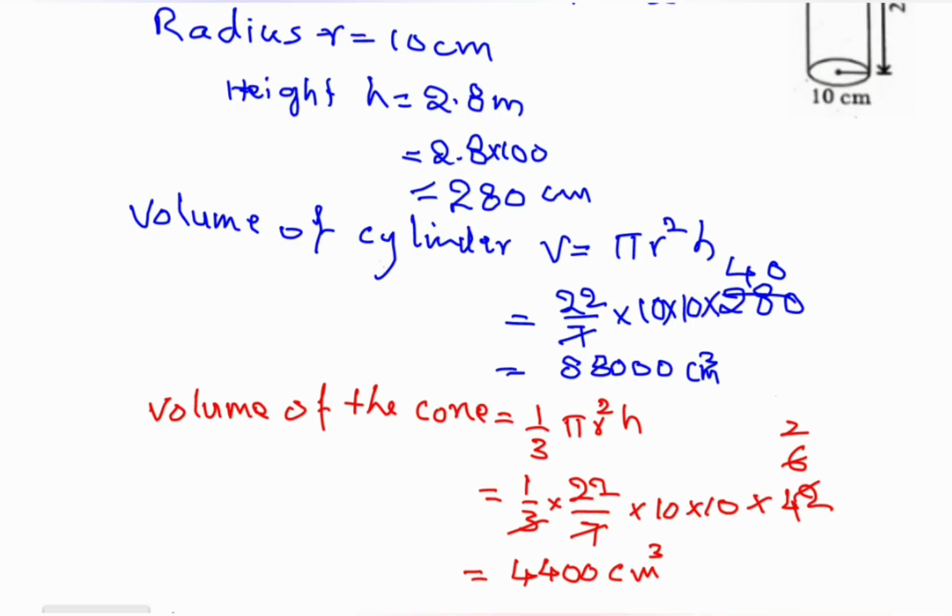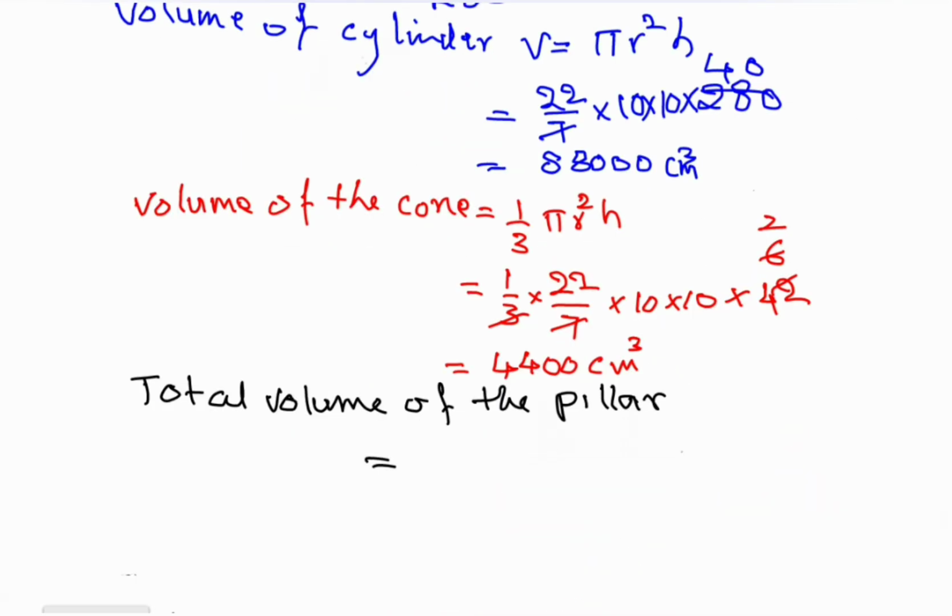The volume of the cone is 4400 centimeter cube and the volume of the cylinder is 88,000 centimeter cube. The total volume of the iron pillar is 88,000 plus 4400. The total volume of the pillar is volume of the cylinder plus volume of the cone.